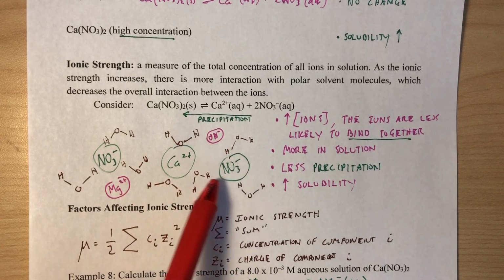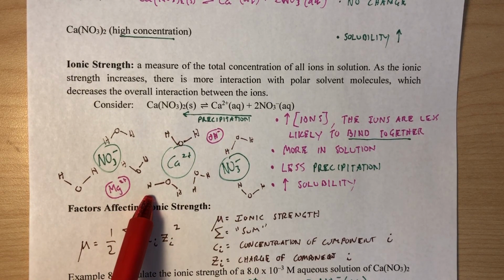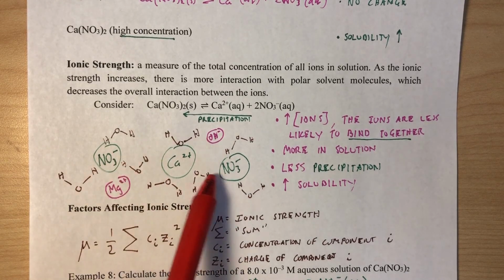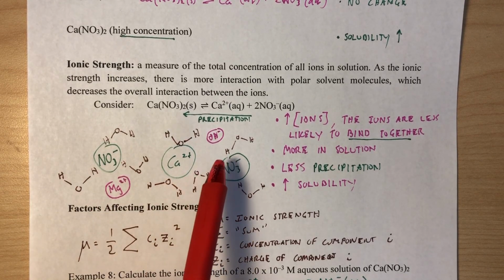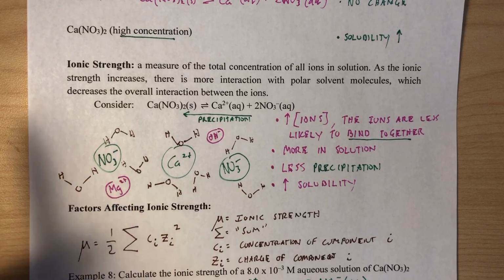So the whole solution becomes really sticky as you have a whole bunch of ions. And with all of these ions present interacting with the solvent, the hydroxide and the magnesium can't reform and can't bind together to form the magnesium hydroxide.